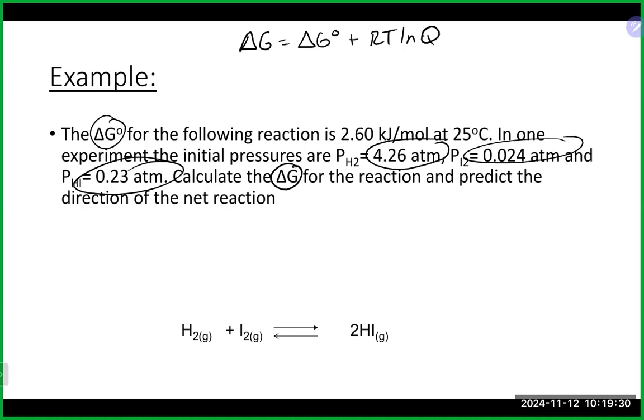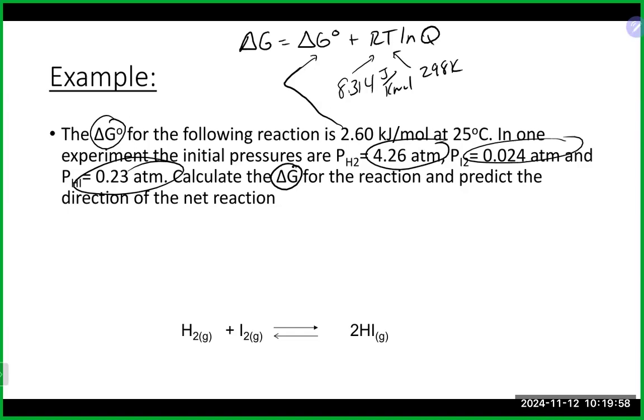Remember, when you look it up in the tables, if it's gases, it's assumed to be 1 atmosphere. So with that being said, we have our delta G naught given to us. We have R, which is still 8.314 joules per Kelvin per mole. Our temperature is 25 degrees Celsius, which converted to Kelvin is 298.